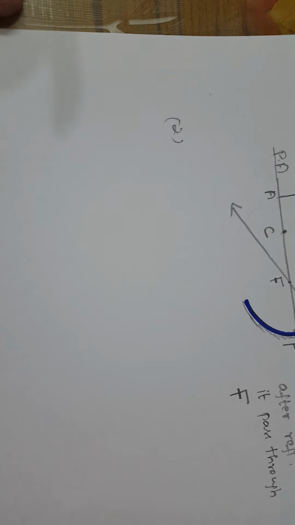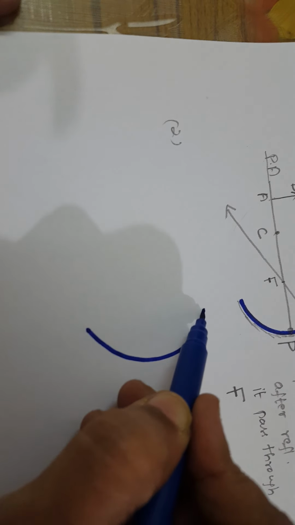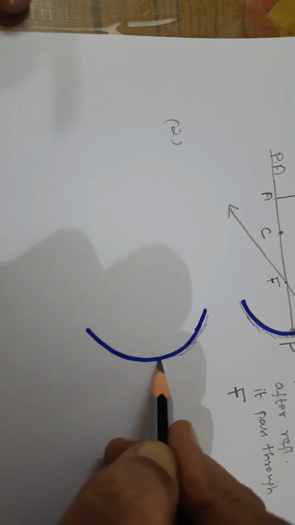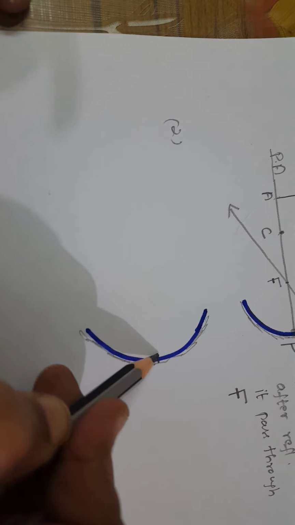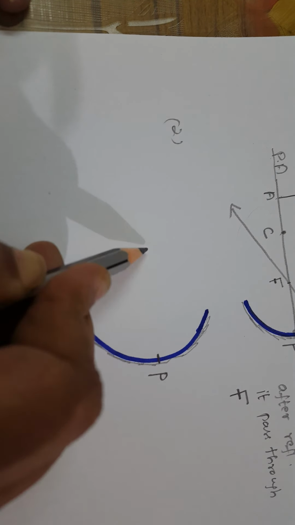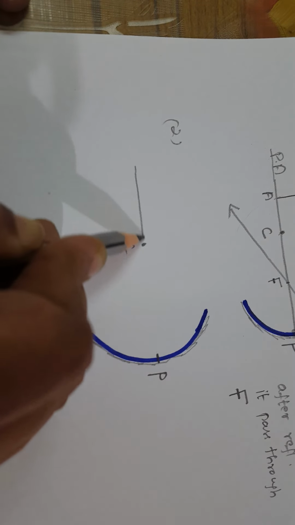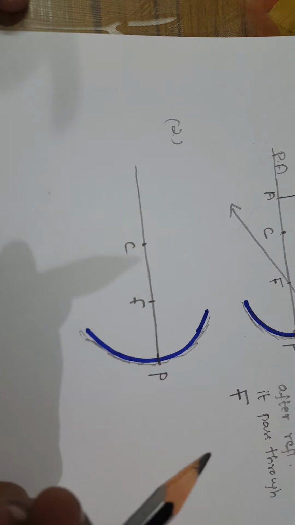Again I will draw the spherical mirror. Okay, this is the spherical mirror, and let the curved in part be the reflecting surface, and this is the pole of the mirror, and this will be the center of curvature. Join CP, principal axis. This is principal axis, here is the focus.